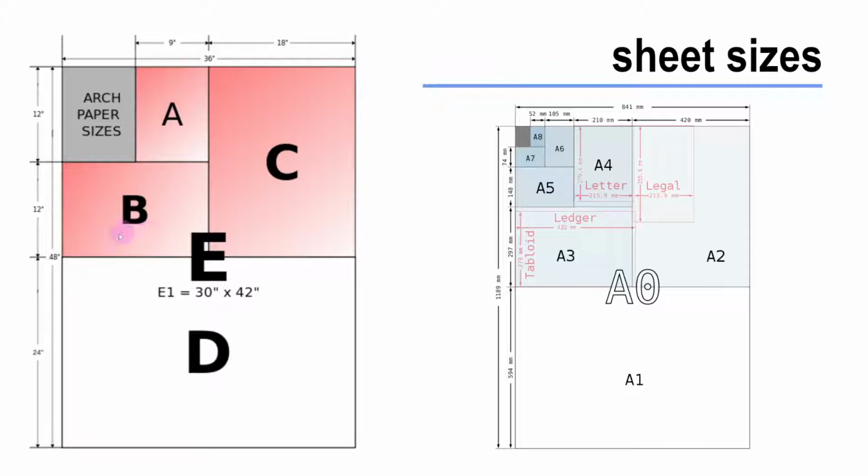And after that, I can just cut the B or A to size if I needed something like that. So that's just something to keep in mind: when we're setting our drawings up to scale, we need to take into consideration A, how much detail we need in our drawing, and B, what size paper we're dealing with for those drawings.